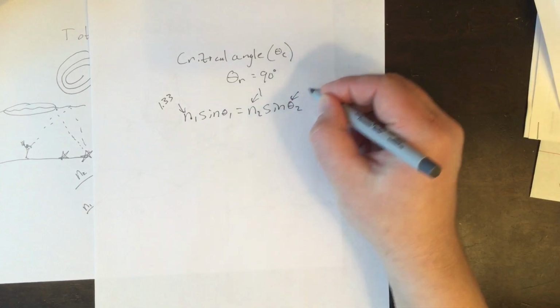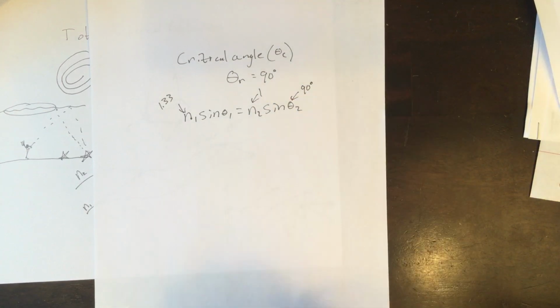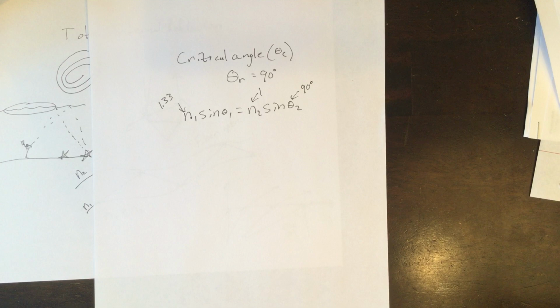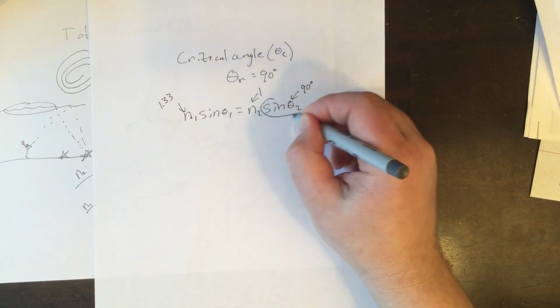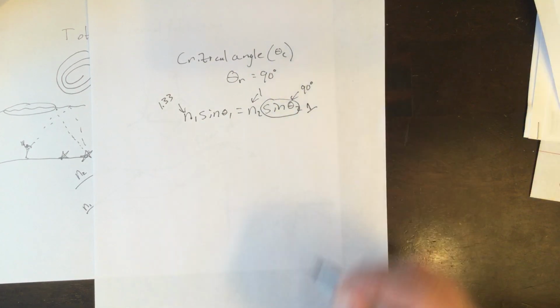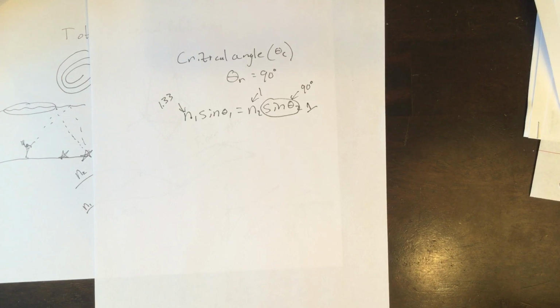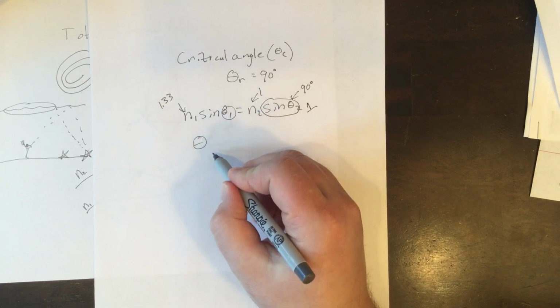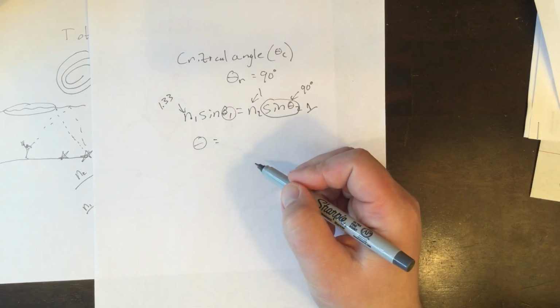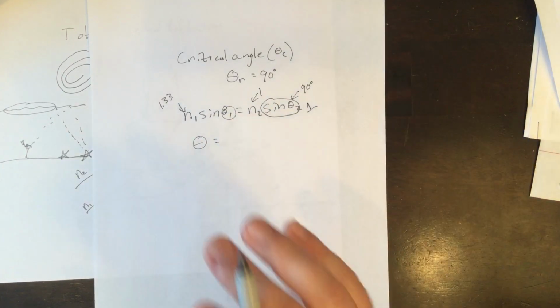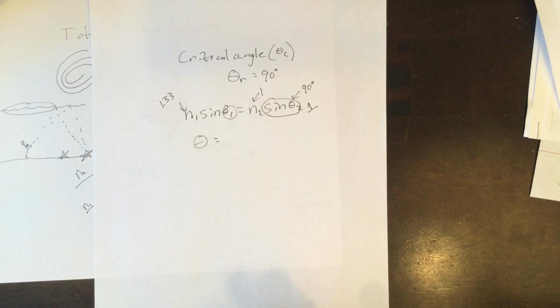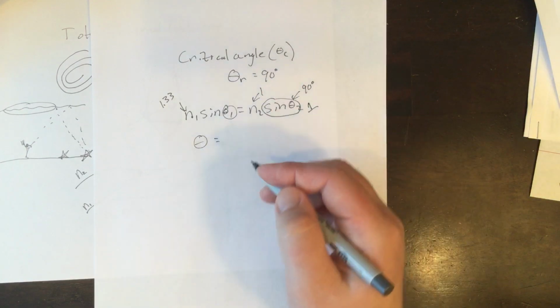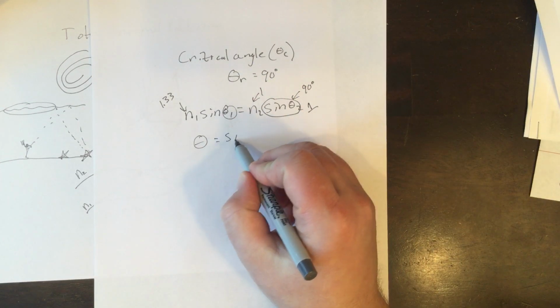And for our critical angle, theta 2 would be 90 degrees. So what is sine of 90 degrees? It's 1. So this whole thing is 1. So if I want to figure out what angle, this one right here, would produce this critical angle, or an angle at which the light would totally be reflected, we can just solve here.